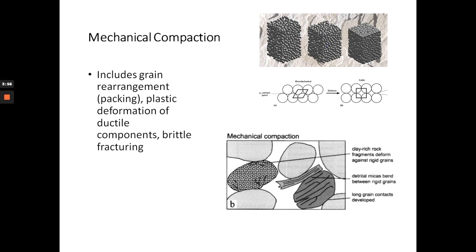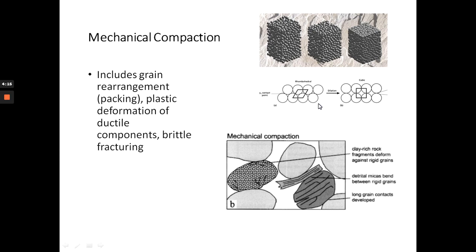It's physically compacted, right? So what happens during mechanical compaction is that the grains are rearranged, so you get different packing configurations. We've learned about packing before in textures, right? In grain fabrics. First, you just get rearranging of the grains.